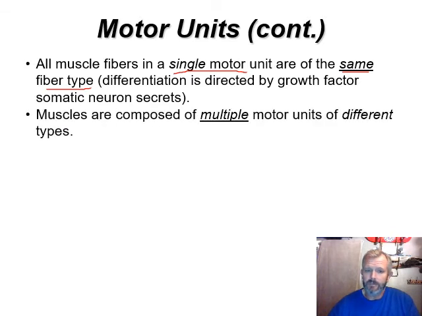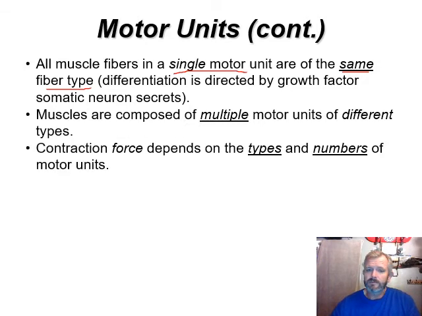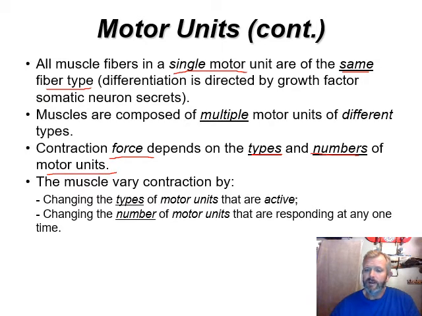And as we said, the muscles are composed of multiple motor units of different types. And so the force of contraction, how much force I can produce, depends on the types and the number of motor units that I am contracting. So how can I vary my contraction?